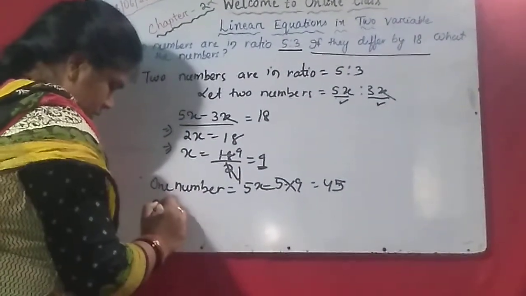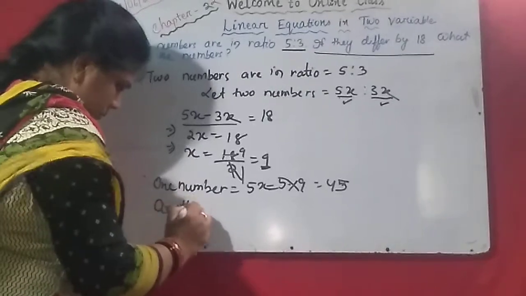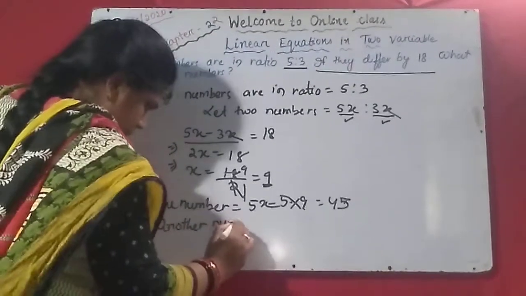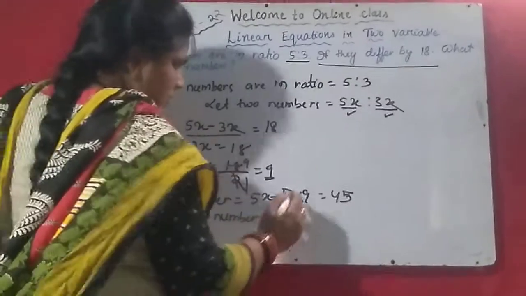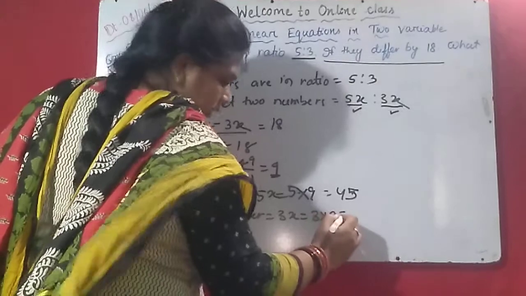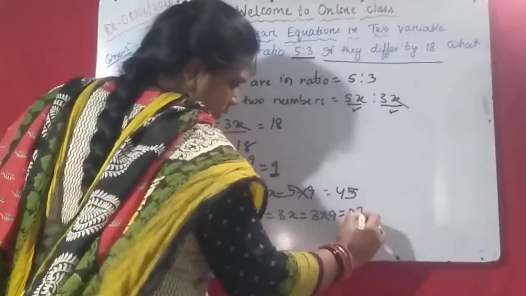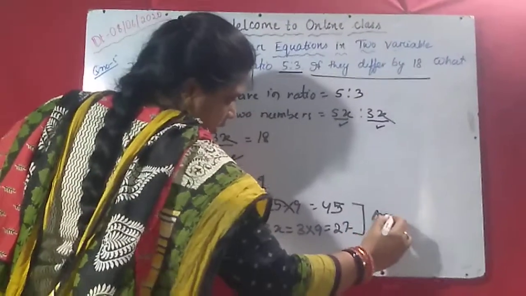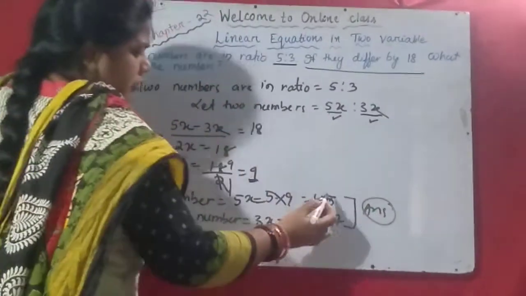Another number equals 3x, 3 into 9, that is 27. So they are 45 and 27.